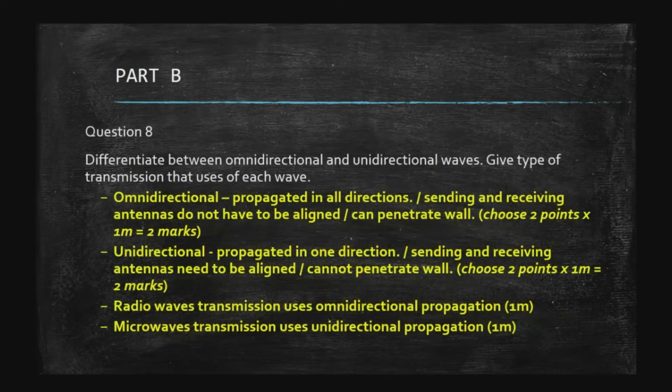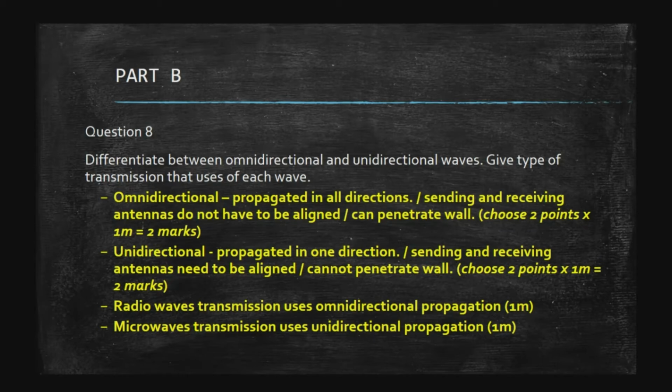Next question is differentiate between omnidirectional and unidirectional wave. Give the type of transmission that uses each wave. Omnidirectional means from multiple directions, and unidirectional is only for one direction. So you need to explain what omnidirectional is.